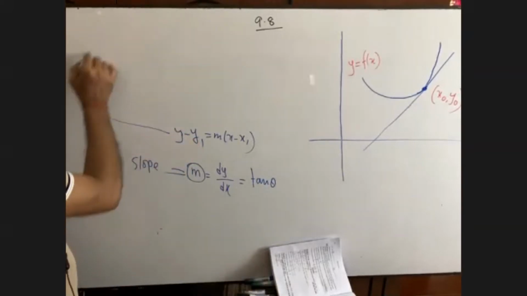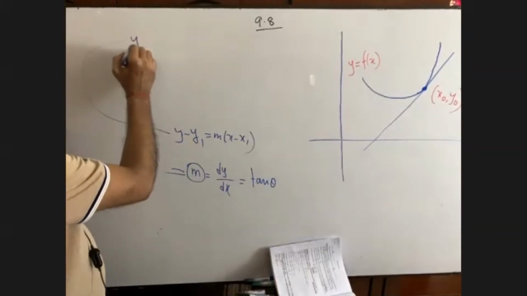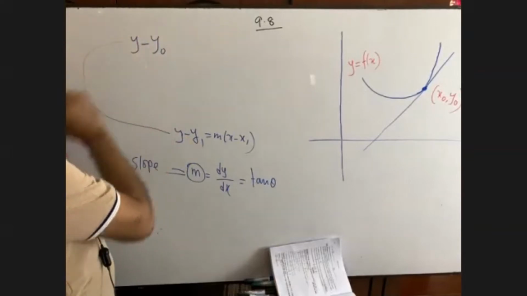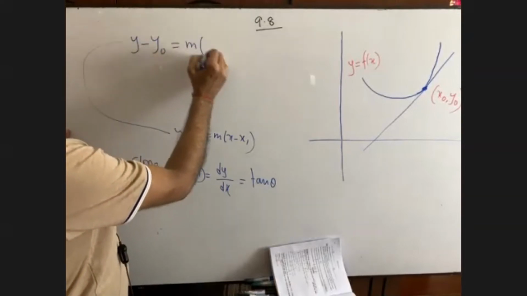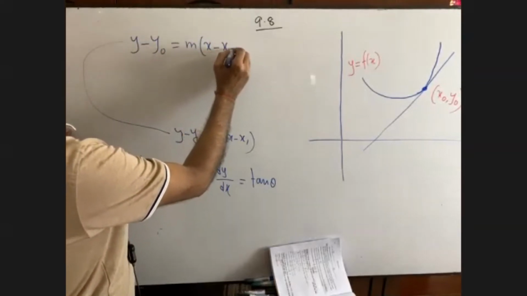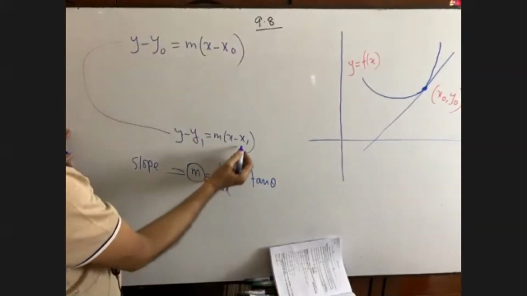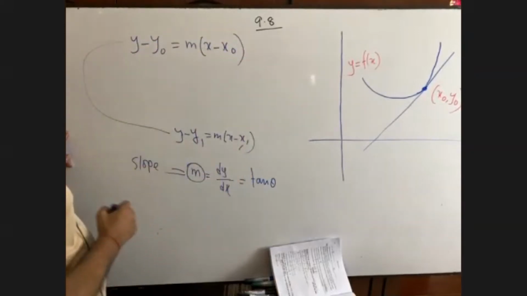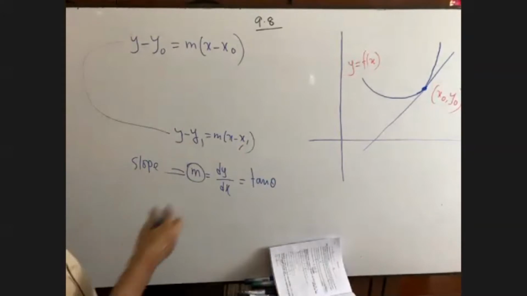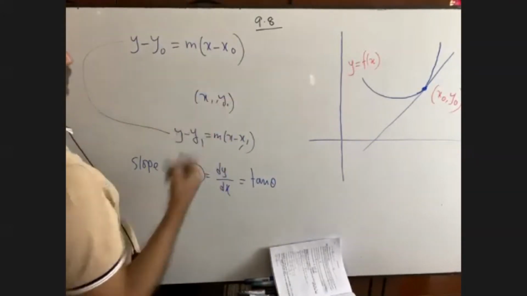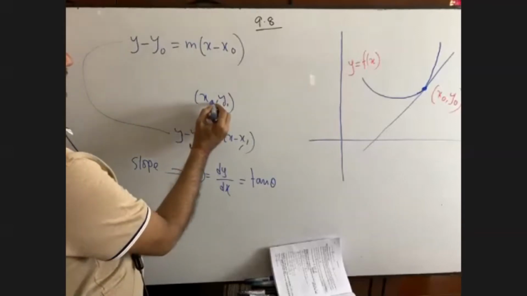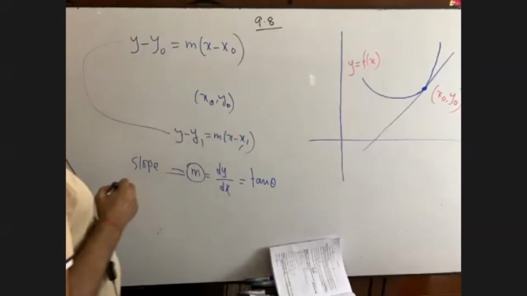From here, we can write y minus y naught for y1. It is m into x minus x naught. For x1, we have written x naught. Here the point was x1, y1. Now we have considered the point as x naught and y naught.